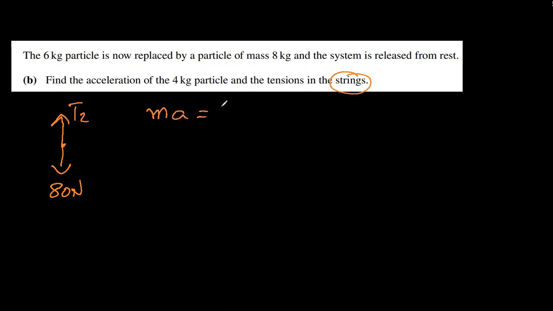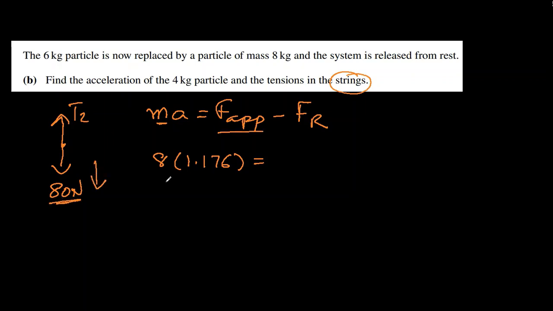So now our formula is mass times acceleration equals applied force minus resistive force. The mass of this particle is 8 because we are focusing only on this. Acceleration we got was 1.176. Applied force, because the system is moving down this time, 80 newtons becomes the applied force, and tension T2 becomes the resistive force.